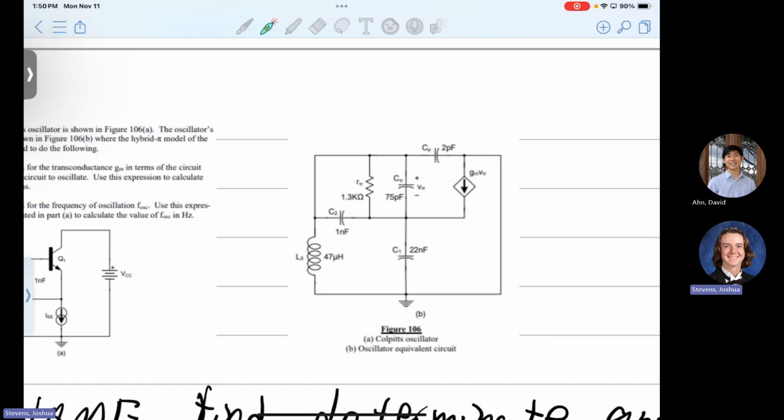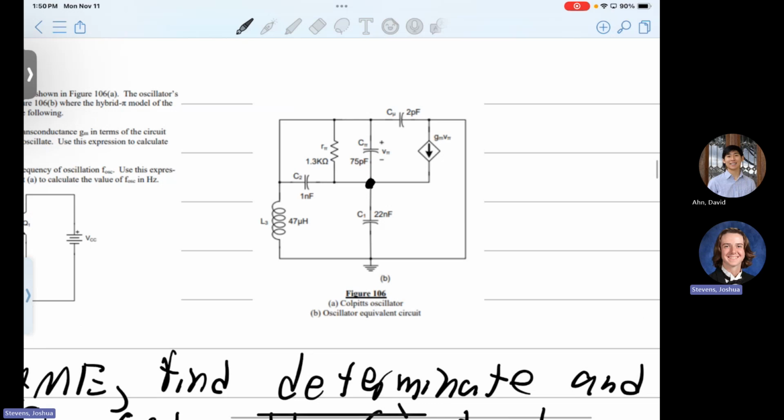Where do you think our nodes are? So you said right in the middle, in top left? Yes. I kind of agree because, I mean, if you just count this whole thing, that's what you mean? Then I agree. So I'm just going to label this one VN1 and label this one VN2.